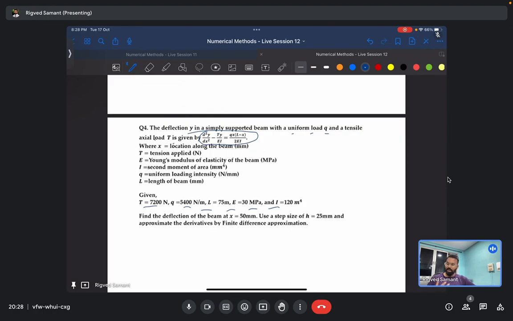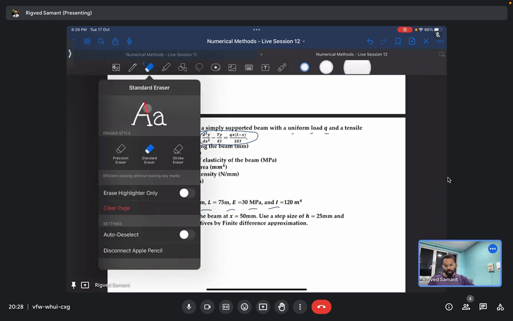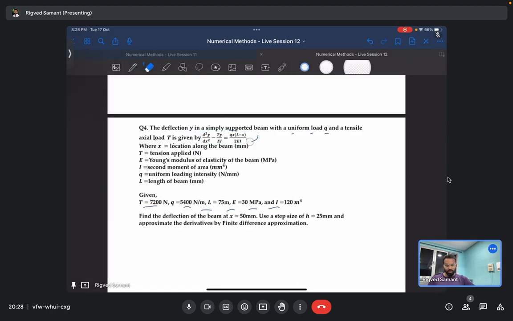Again, it is the same thing: you don't require the actual engineering problem behind it. What you want is a dependent variable, and we have an ordinary differential equation of that dependent variable, and from that we are trying to find out the value at a certain point for the dependent variable.